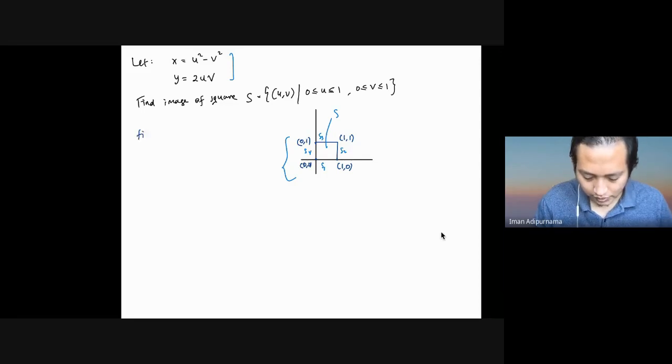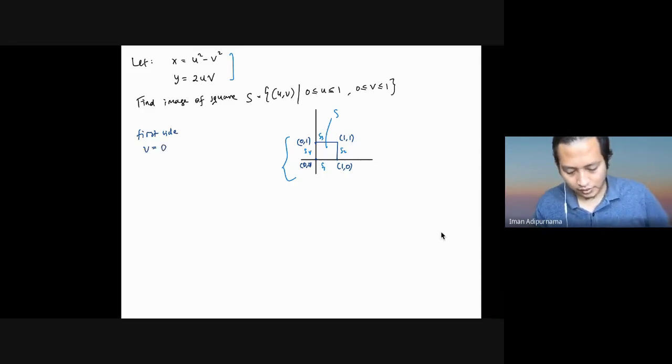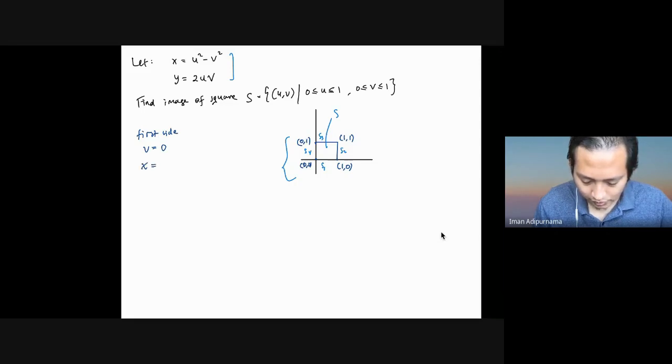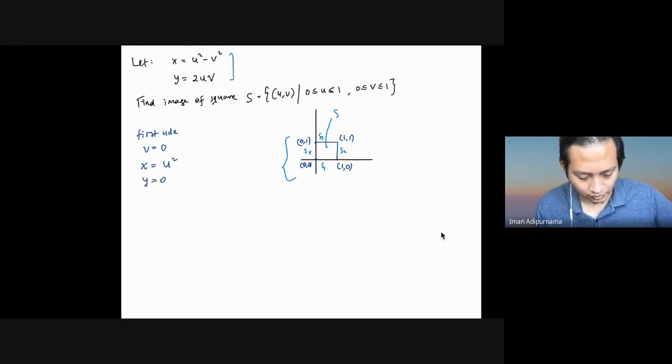Let's see the first side. Given that v is 0, we will have x is u squared and y is 0. Okay.